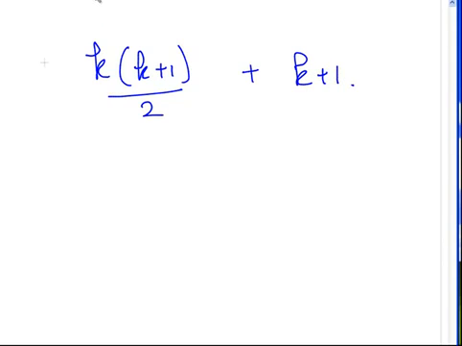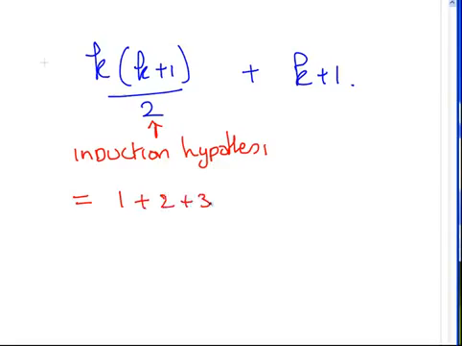Now, according to our induction hypothesis, this here is equal to 1 plus 2 plus 3 all the way up to k. And if we add this here, that's adding k plus 1.